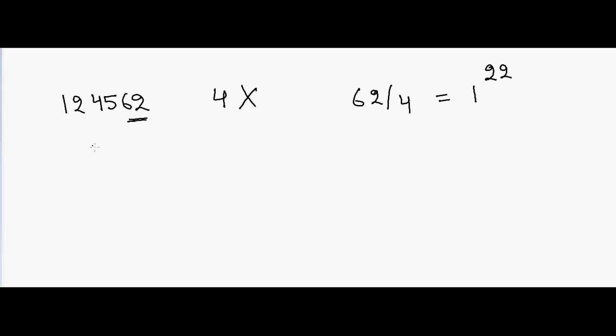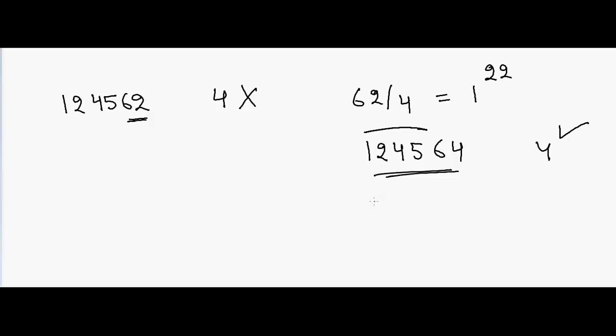So how can I modify this number? If I make it 1 2 4 5 6 and put 4 at the end, so the last two digits are 64, then this number should be evenly divisible by 4. And I can modify this number in any way.